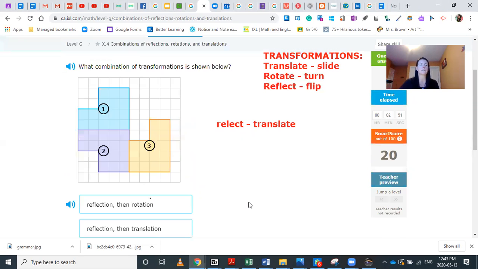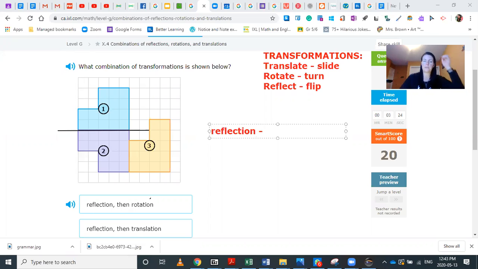Okay, so let's look at this one now. What combination of transformations is shown below? We're going to erase this one because that was last time. From 1 to 2, along this line over here, it has been flipped over and it's a mirror image. What was that one called again? When you flip, you reflect. So reflection. And then from 2 to 3, you are turning it on this little spot.